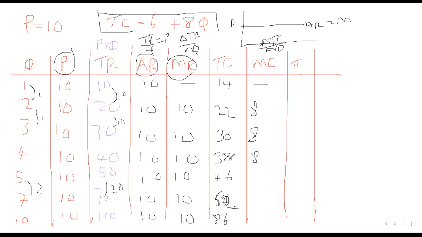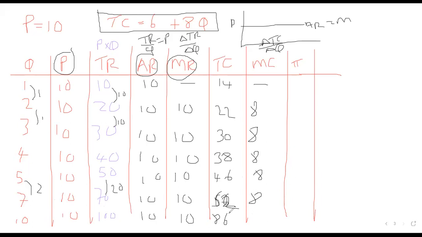Here, that's 8. About here, 62. 62 minus 46, what do we get? 16. 16 divided by 2 is 8.